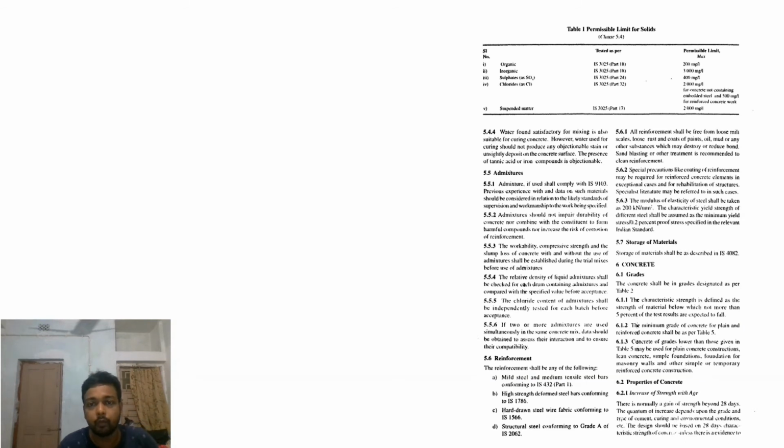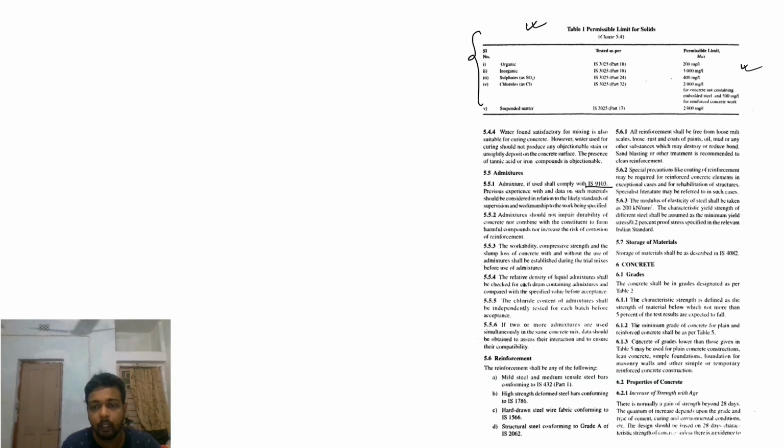If you prepare for SSC JE, last year I saw these types of questions: organic, inorganic. They are asking from this section, so you can just go through it. Otherwise, start with admixture. The admixture code is IS 9103.